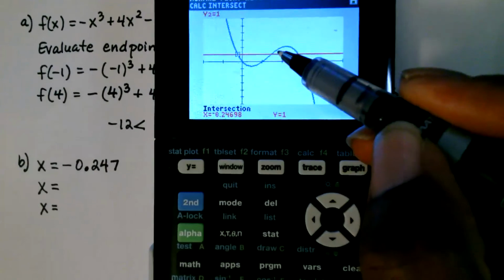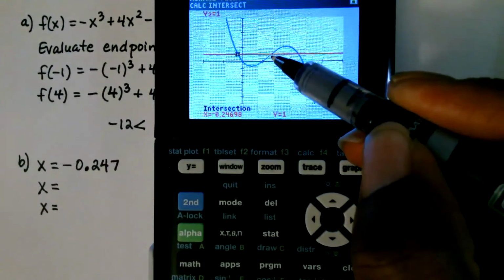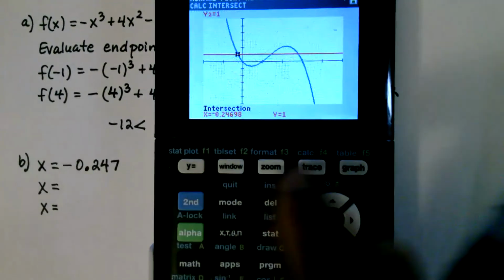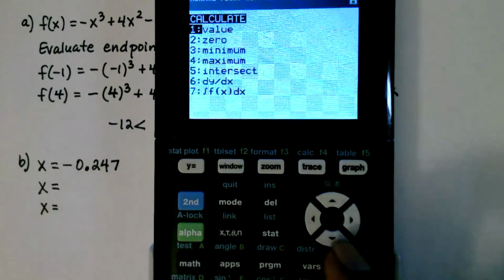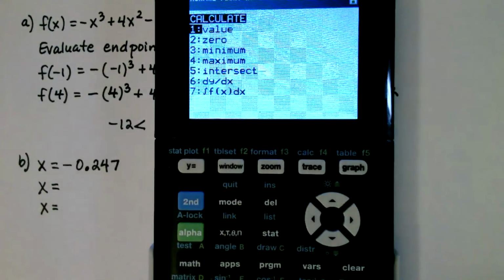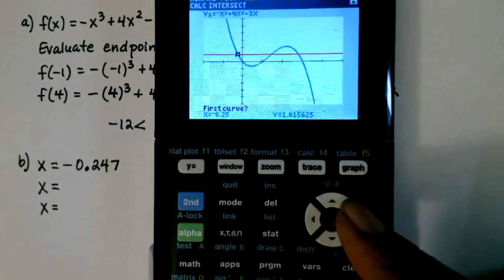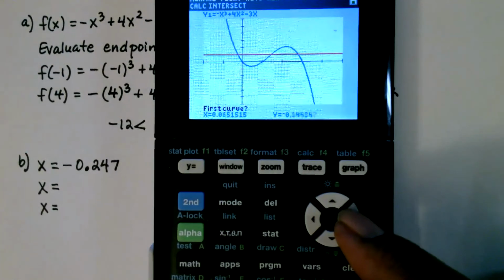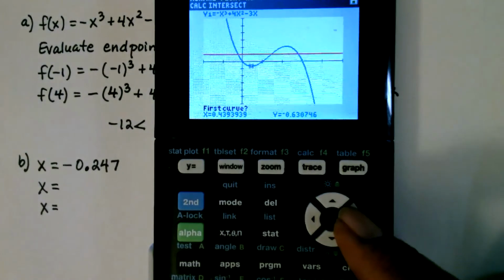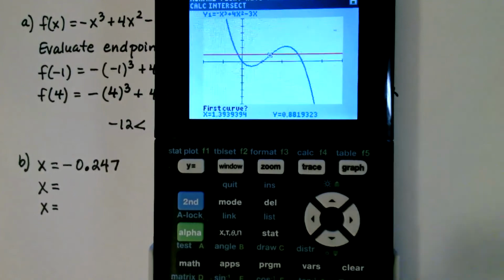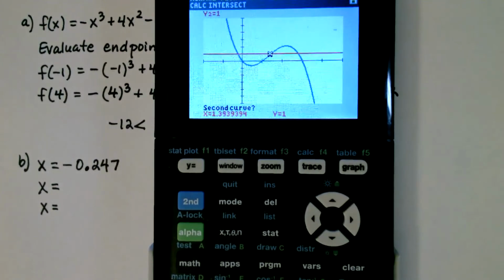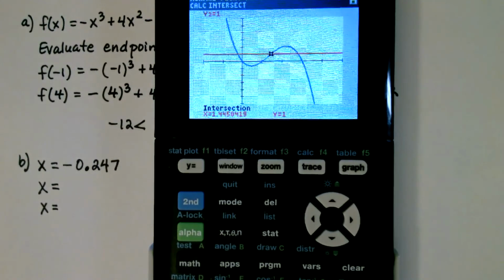And now to find this second point of intersection, which is this one right here, again, I'll do second and trace for the calculate menu, select number 5. This time I use my right arrow key to put the cursor on top of the second point of intersection. And then press enter 1, 2, 3 times.